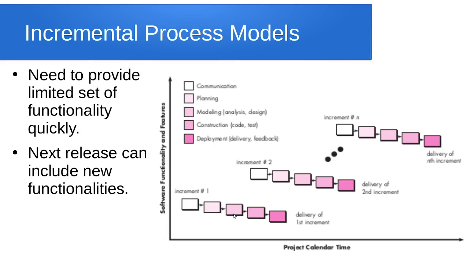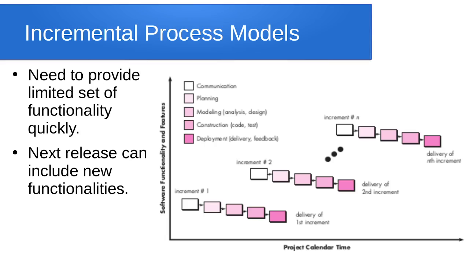But at the same time, while one activity was being executed, another activity of increment 2 has already started in parallel. So you can see it is a combination of these activities in linear and parallel process flows.